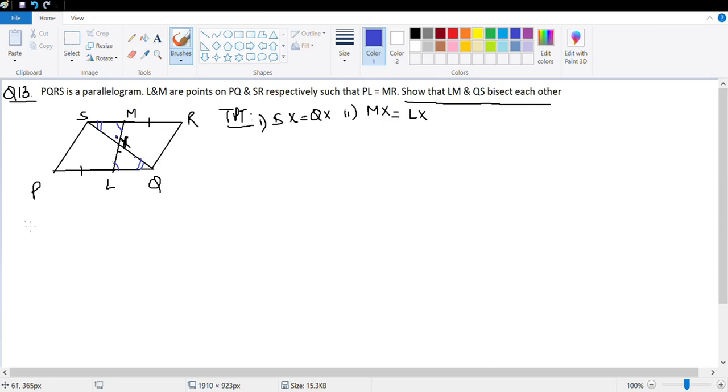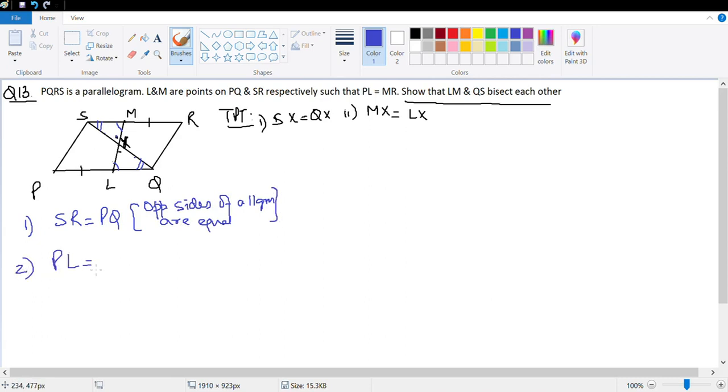Let's start writing this down. So number one, SR is equal to PQ. Why? Opposite sides of a parallelogram are equal. And the next part which is given to us is PL is equal to MR. So subtract 2 from 1.